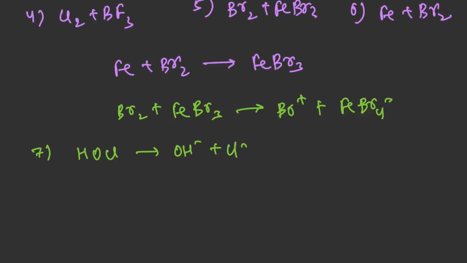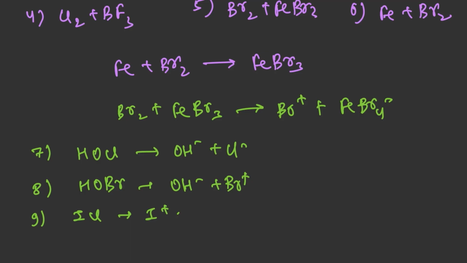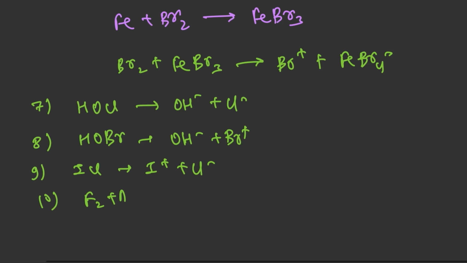Eighth, HOBr, which gives OH minus plus Br plus. Ninth, ICl gives I plus and Cl minus. Tenth, F2 plus I2 plus AlCl3. It will form I plus and AlCl3I minus.